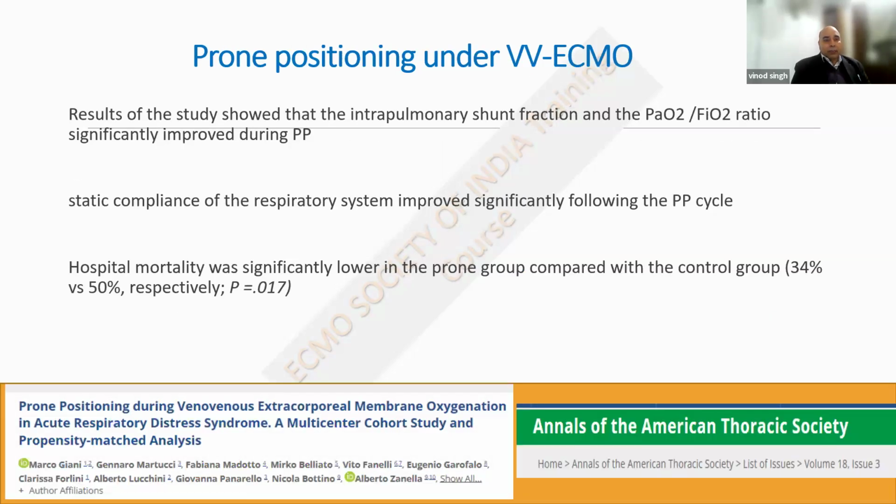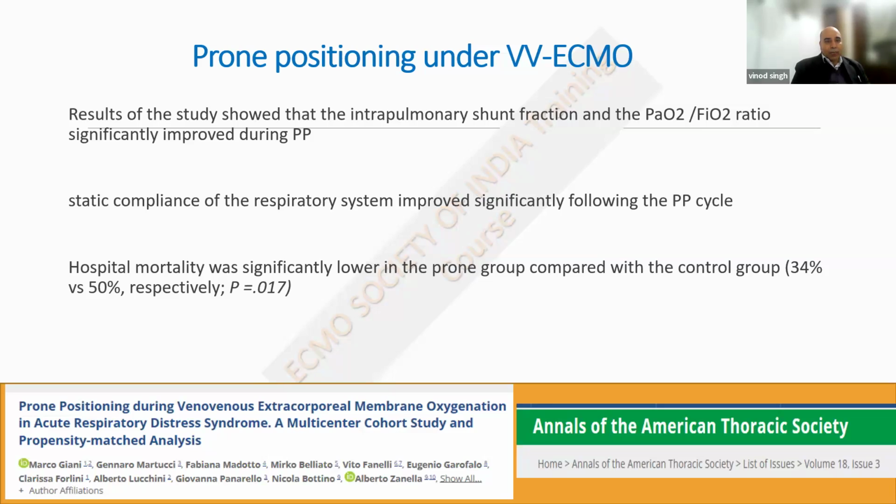Now, the other option, particularly in an ARDS patient: if a patient is not improving in hypoxemia on ECMO, people have tried proning the patient on ECMO, and many trials have shown that this is feasible and there are no additional complications if you prone the patient. And the benefit is that your patient's lung mechanics and hypoxemia improve.